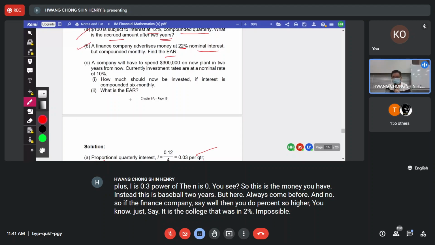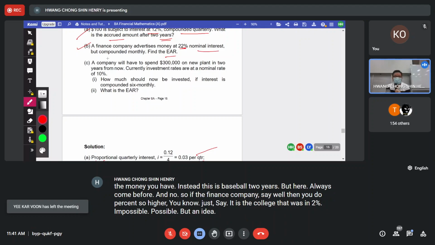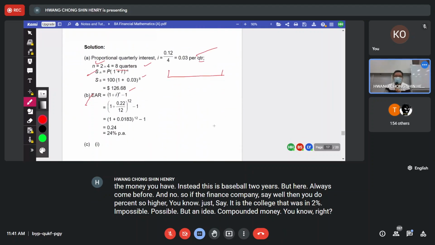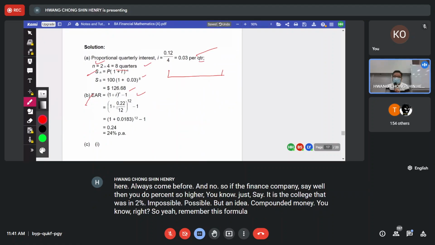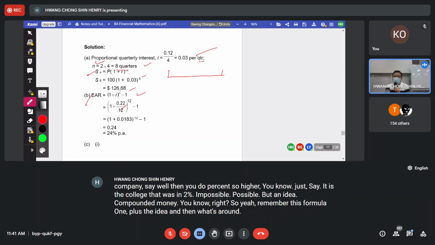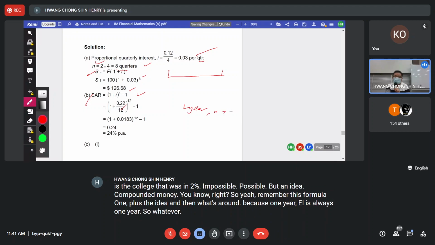Impossible, possible but unlikely. Compounded monthly, divided by 12. So your EAR, remember this formula? 1 plus your I divided by 12, and then what's your N? 12, because EAR is always for 1 year.